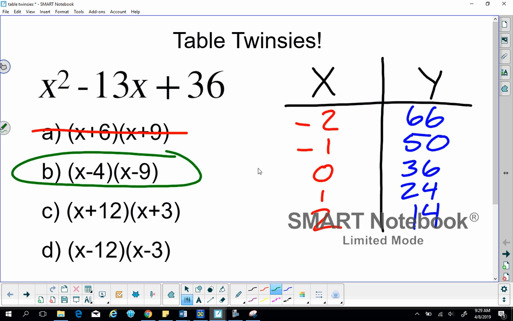We called them zeros, roots, and one more, x-intercepts. So if I'm talking about the solutions, we're finding where this is equal to 0. Or where this is equal to 0. 4. So 4 would be 1.